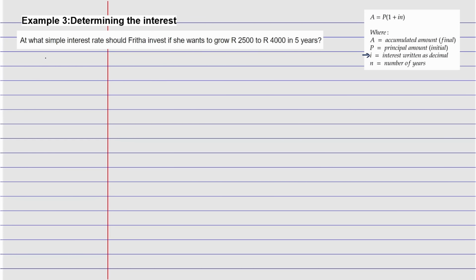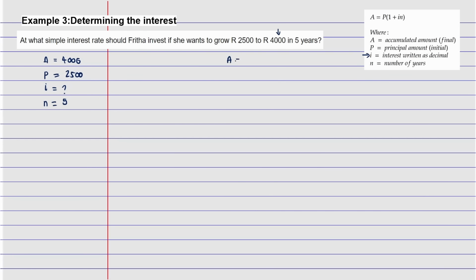So we have A, we have P, we have I, then we have N. Remember I said that the highest amount is always the accumulated. So 4,000 is going to be A, then 2,500 is going to be P. We are looking for interest. Then the number of years is 5.